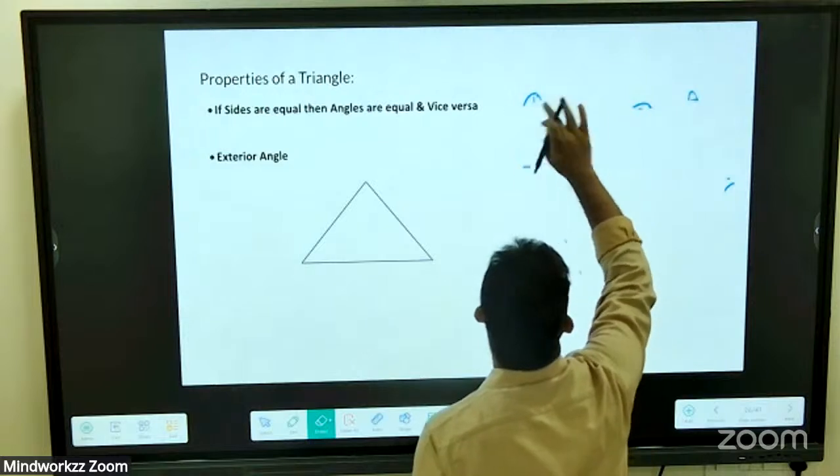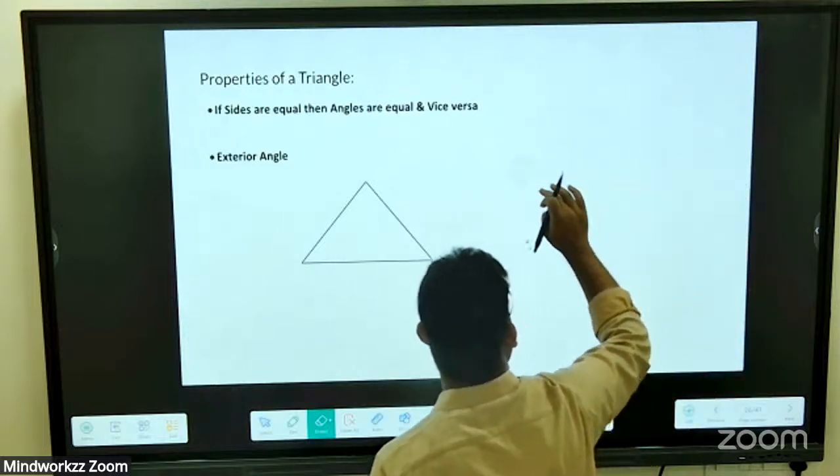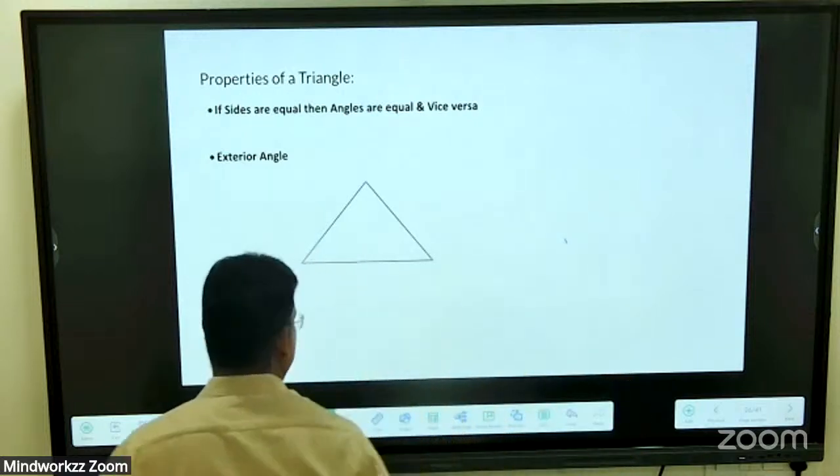The next property is the exterior angle of a triangle.